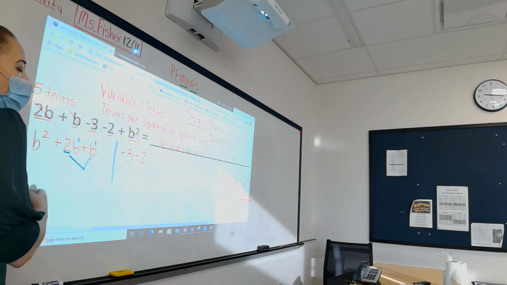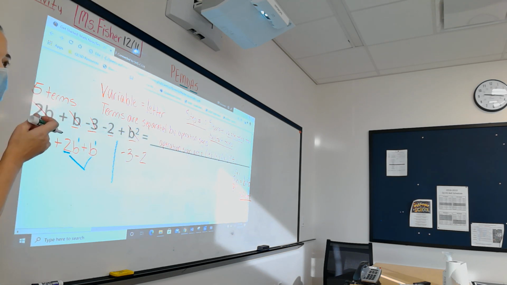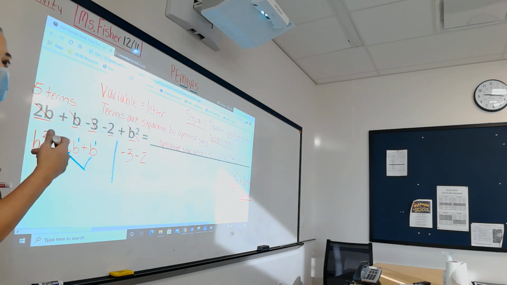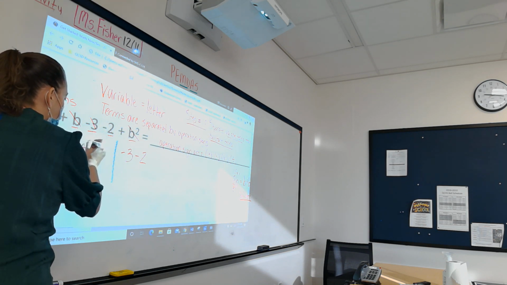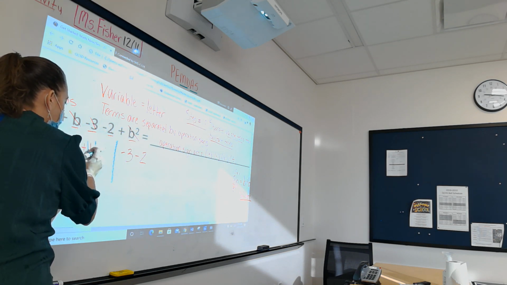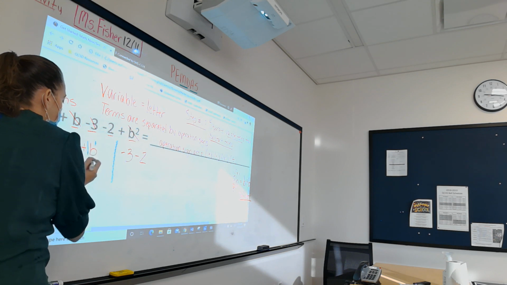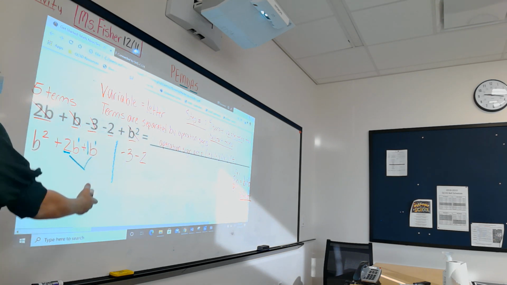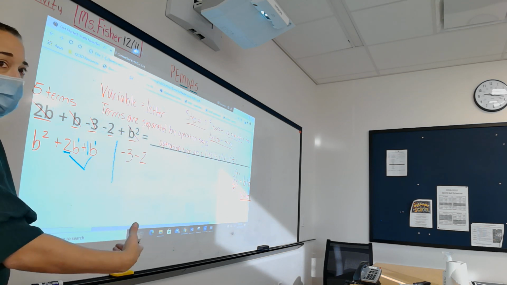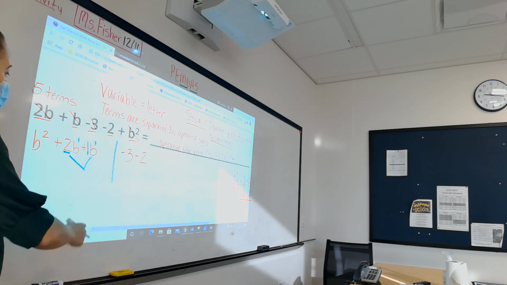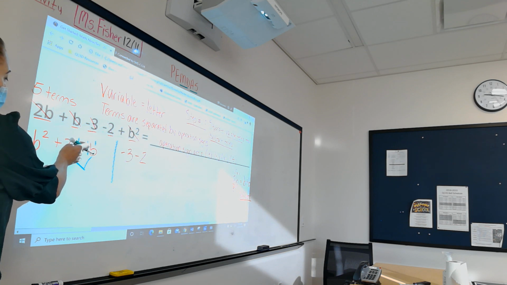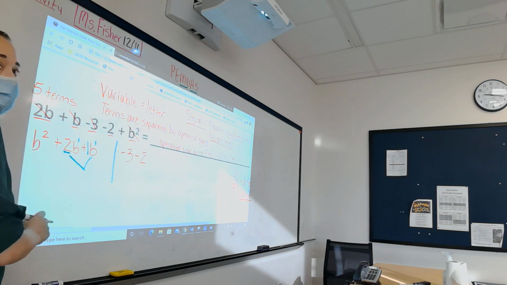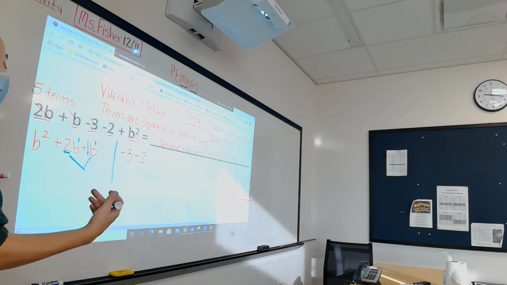If there's no coefficient in front of a letter, that means it's the same thing as if I simply wrote this invisible 1 in front of it, right? Because if there's no coefficient in front of it, I know that simply means that's 1b. Okay, so now I'm saying 2 plus 1 is 3b.